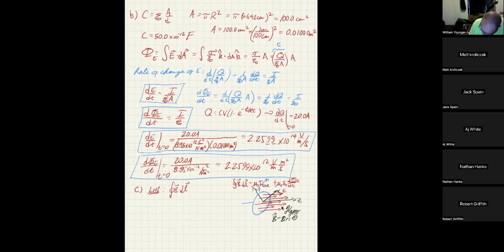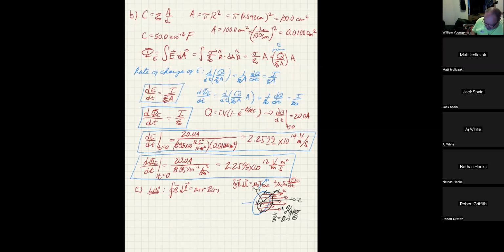So what I'm going to do now is imagine an Amperian loop going around in this direction like this. And notice it's at r less than big R, because it's smaller than the plate. And from this Amperian loop, I'm going to get 2 pi r times B of r, like we always do.